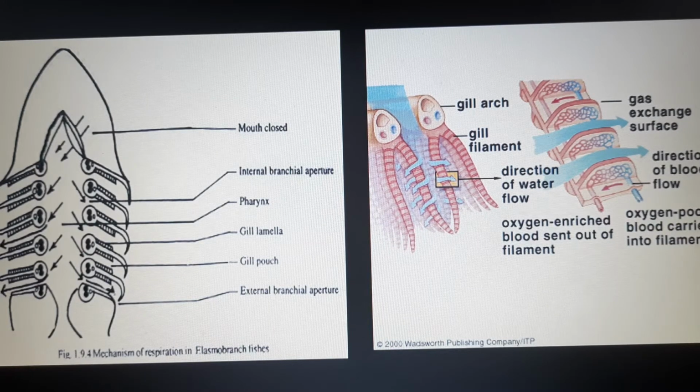The arch supporting the first gill slit, that is the hyoid arch, bears a hemibranch or demibranch gill, and the arches supporting the second, third, and fourth gill slits bear holobranch or lamellibranch gills, and the last arch supporting the fifth gill slit bears an a-branch gill.